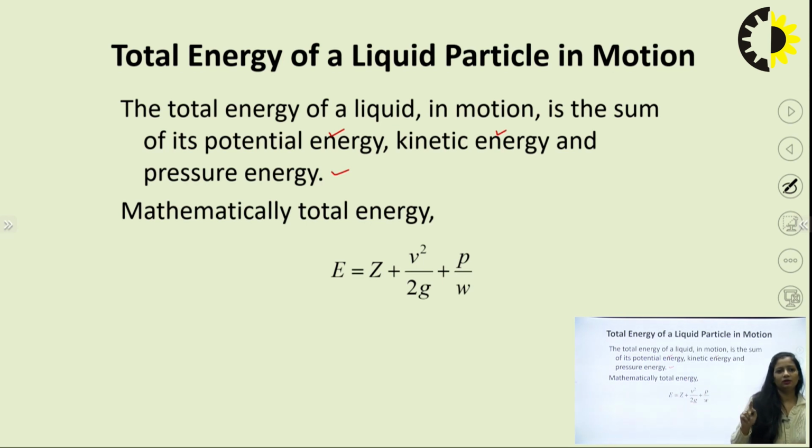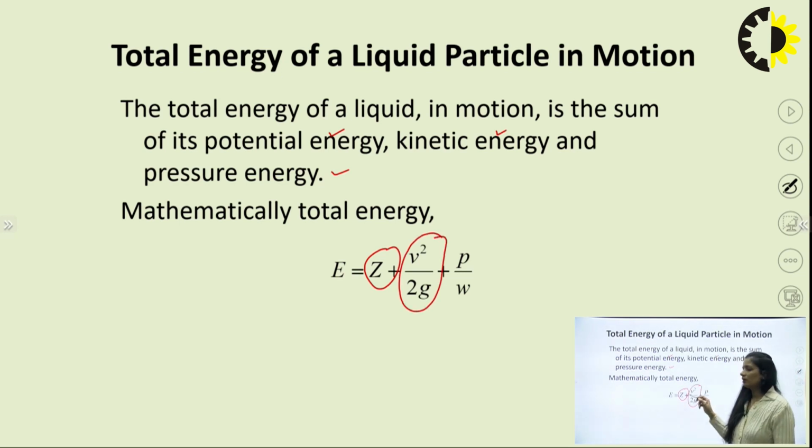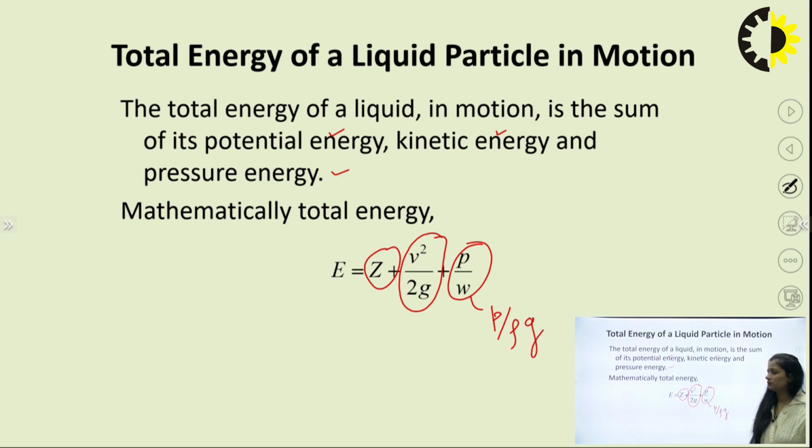Mathematically, total energy equals datum head, or potential energy, plus V square by 2g, that is kinetic head or kinetic energy, plus p by w, or p by rho g, as your pressure head.